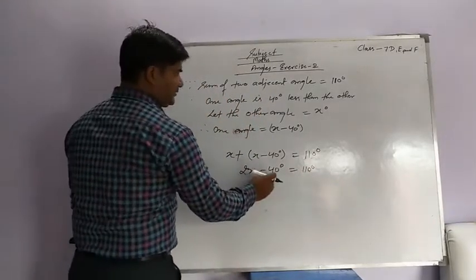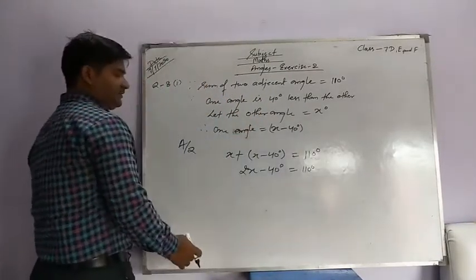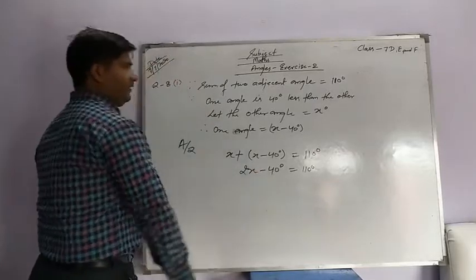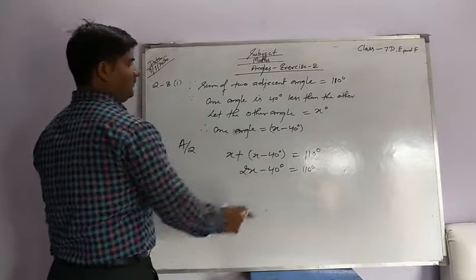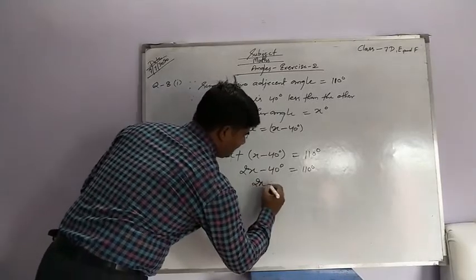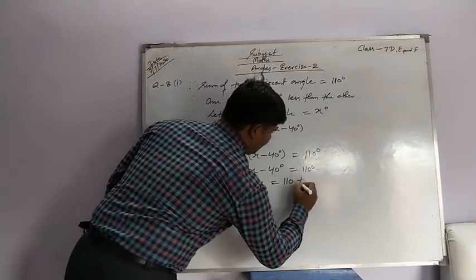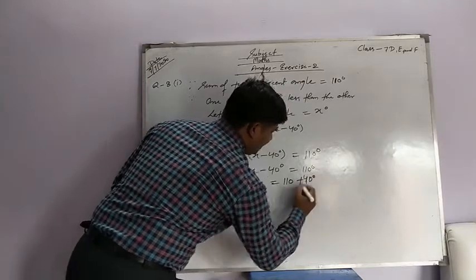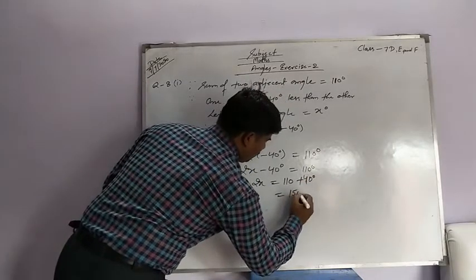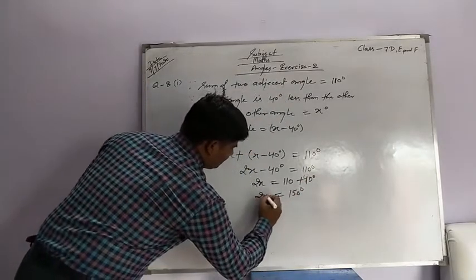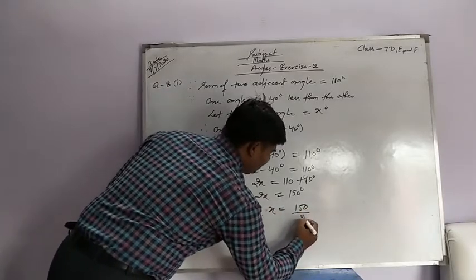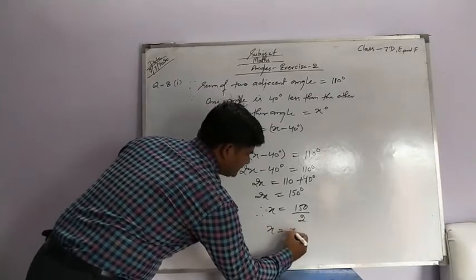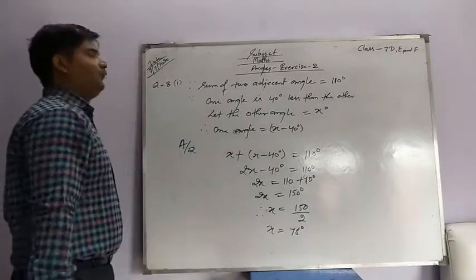Now we transfer this 40 degrees to the other side, so its sign will change. It has a negative sign, and when we transfer it, it becomes positive. So we write 2x is equal to 110 plus 40 degrees, and this is equal to 150 degrees. Therefore x is equal to 150 divided by 2, so x is equal to 75 degrees.